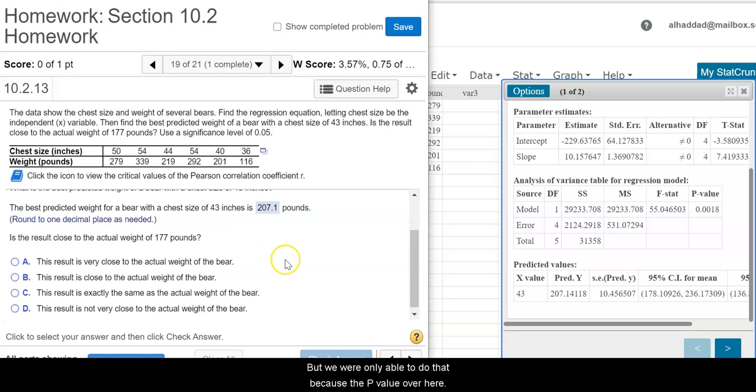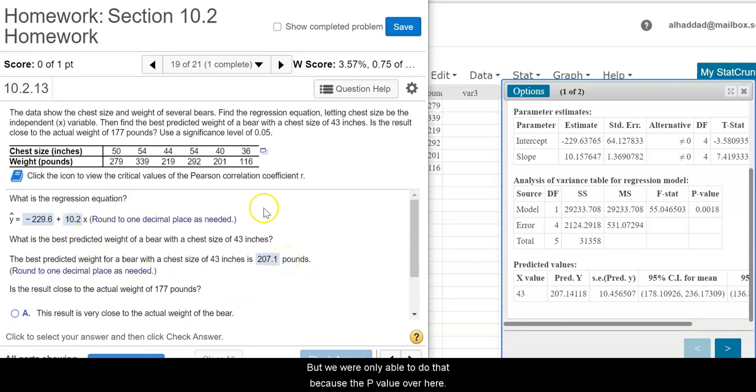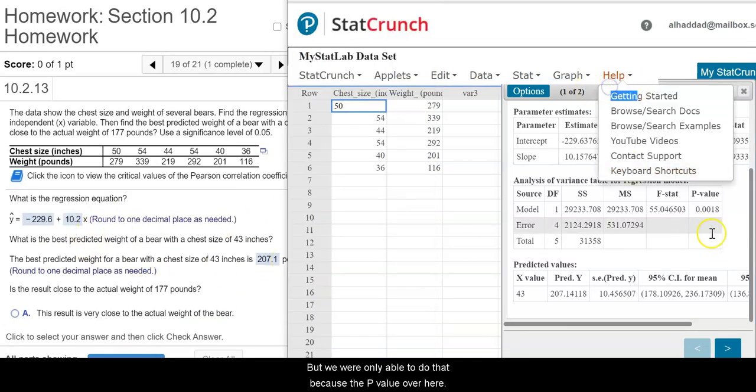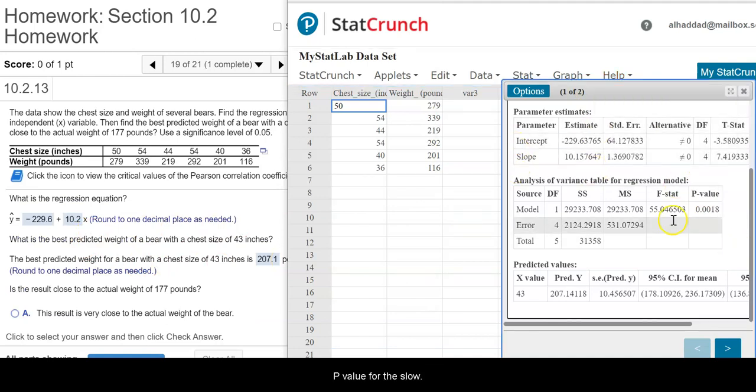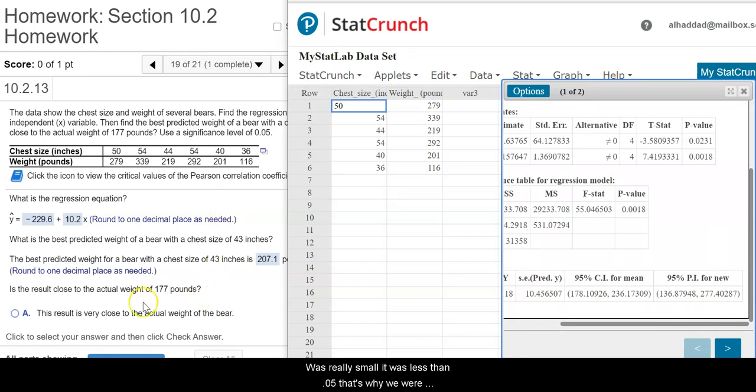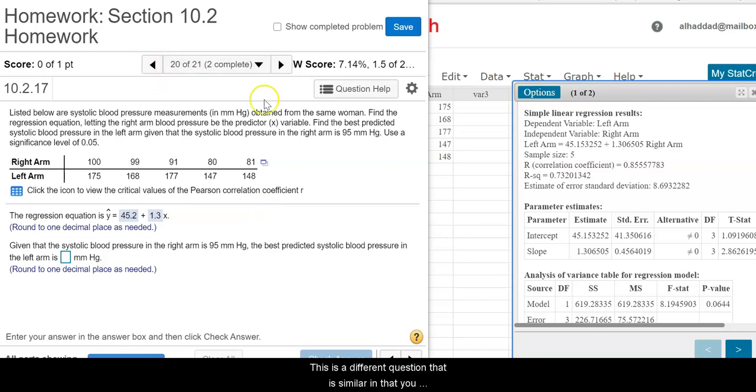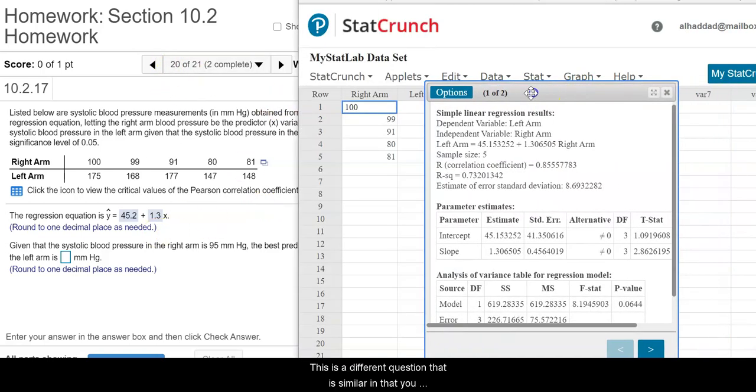But we were only able to do that because the p-value for the slope was really small. It was less than 0.05. That's why we were allowed to plug the 43 into the regression equation to get the predicted weight for a bear.